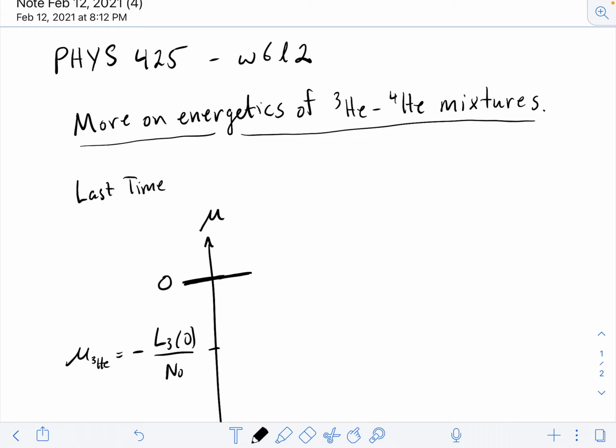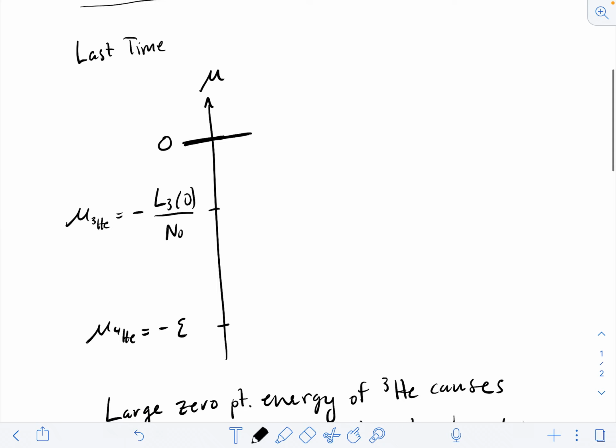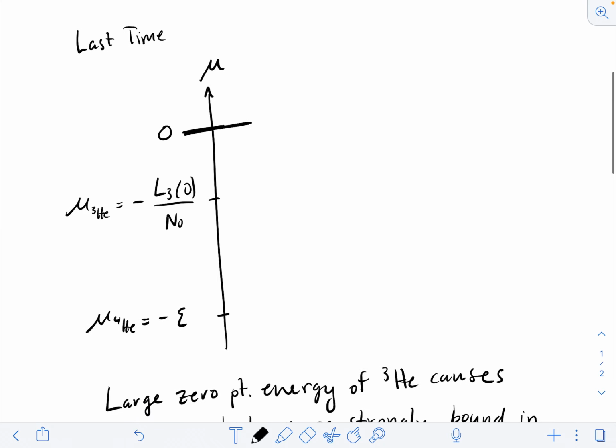Let me remind you of what we were talking about in the previous video. We were thinking about adding a single helium-3 atom to pure liquid helium-3 and a single helium-3 atom to pure liquid helium-4, and we were trying to figure out which of those two situations is more energetically favorable.